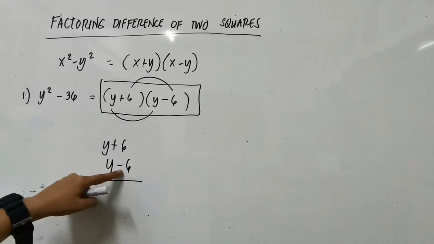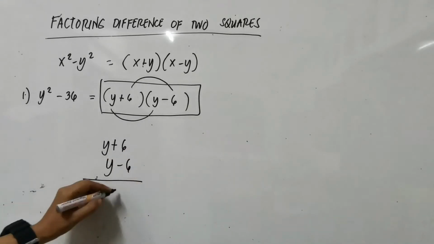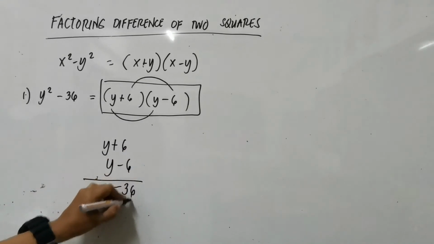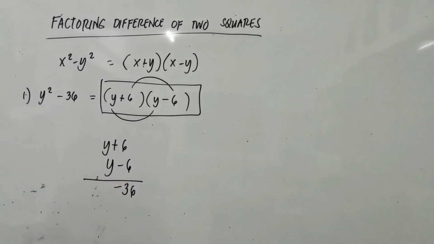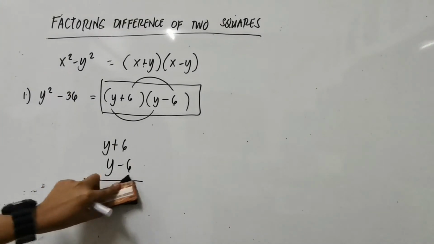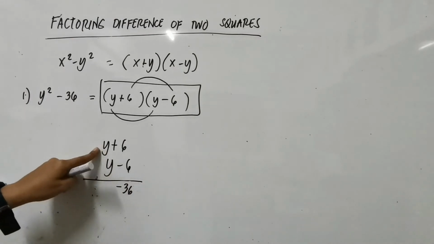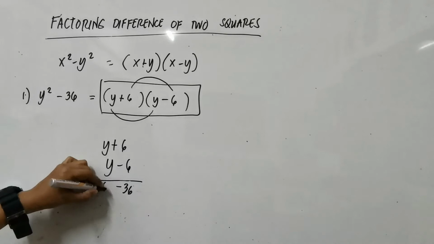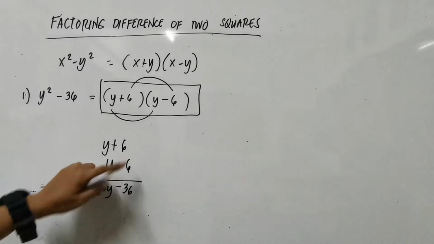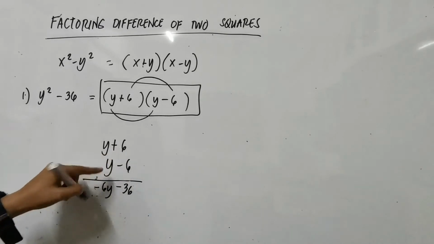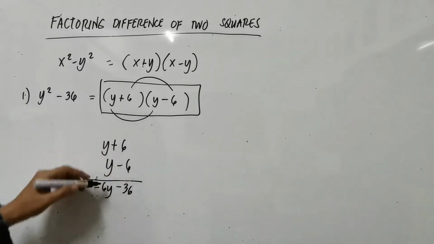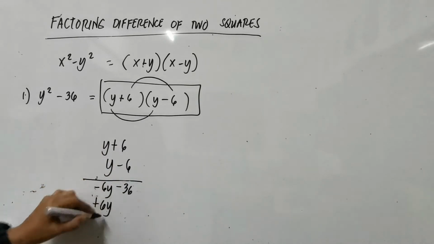We have negative 6 times positive 6 is negative 36. Negative 6 times y is negative 6y. Y times 6, which are both positive, we have positive 6y.